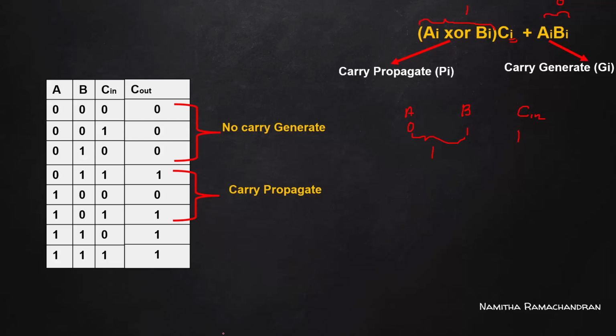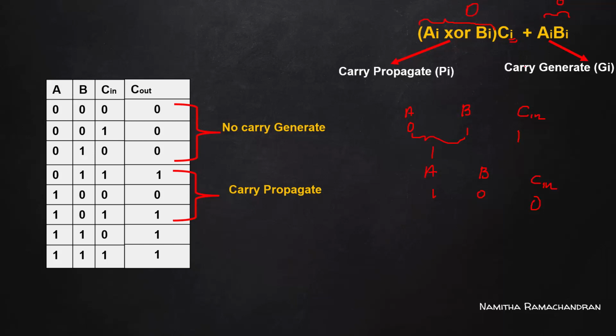So consider our next case 1 0 0. That means A is 1, B is 0, Cin is 0. Again one of the inputs A and B is 1, here A is 1, B is 0. So the A XOR B term becomes 1. But Cin is 0. So 1 and 0, this term now becomes 0.